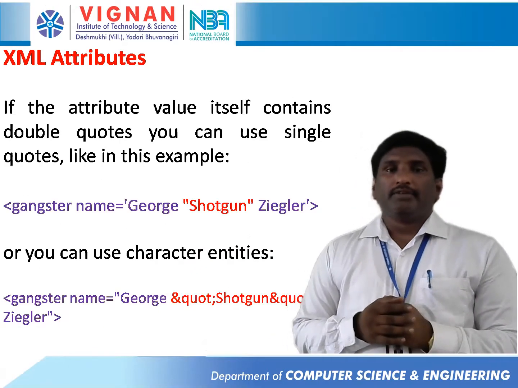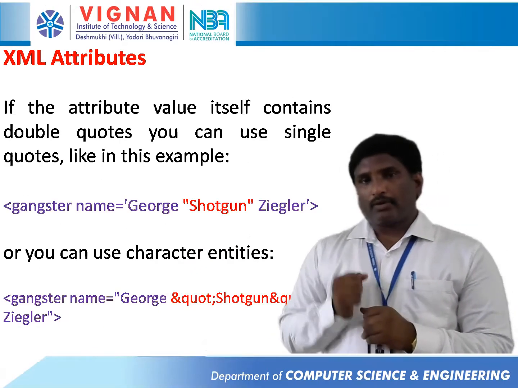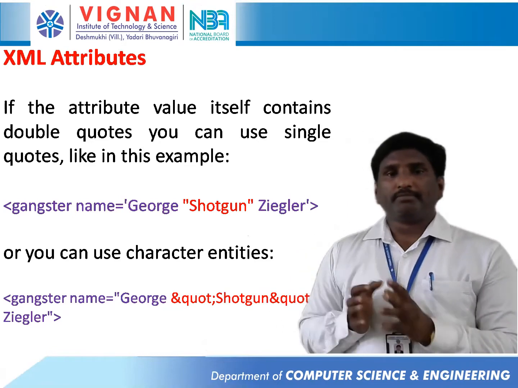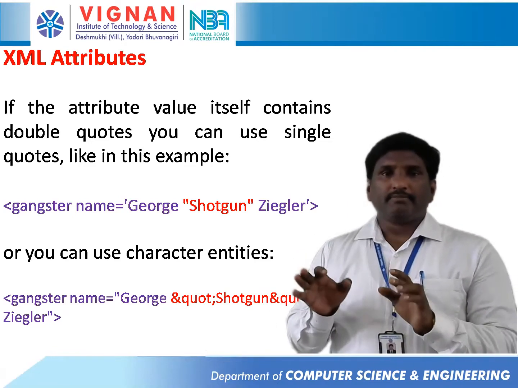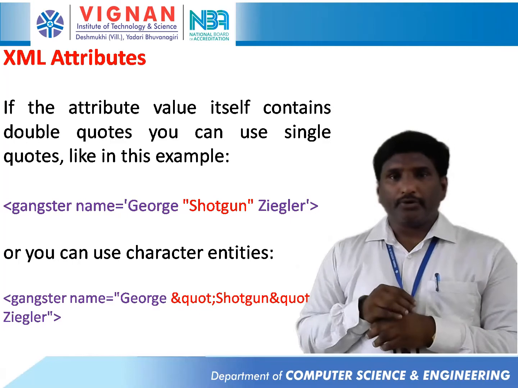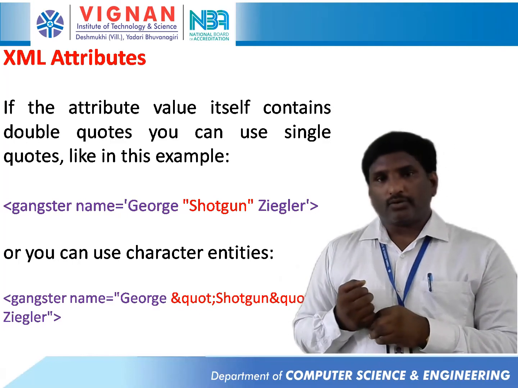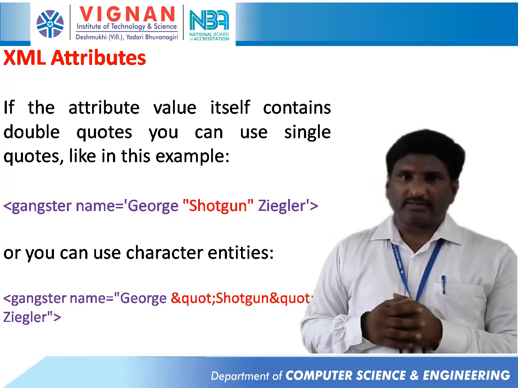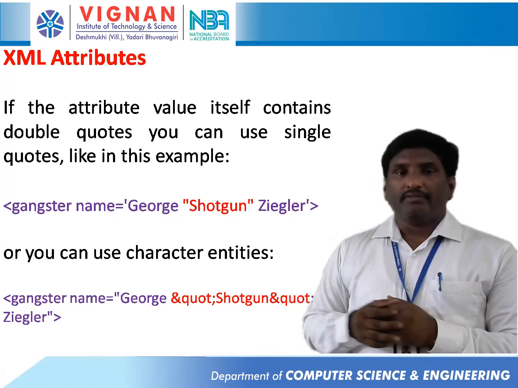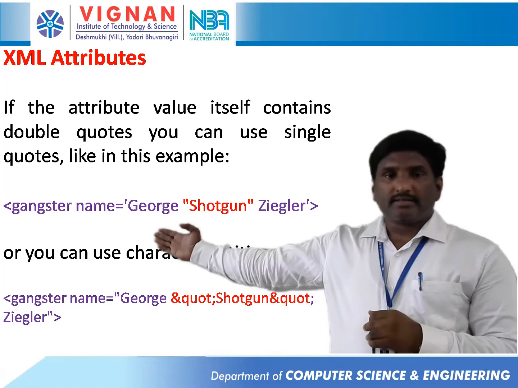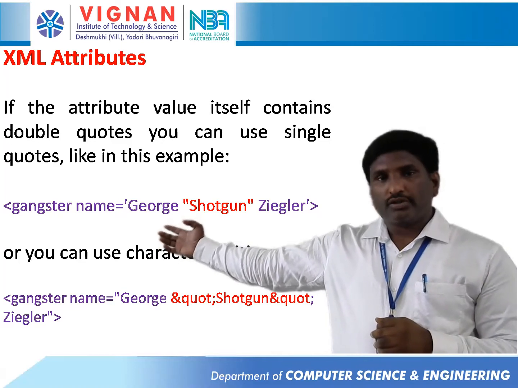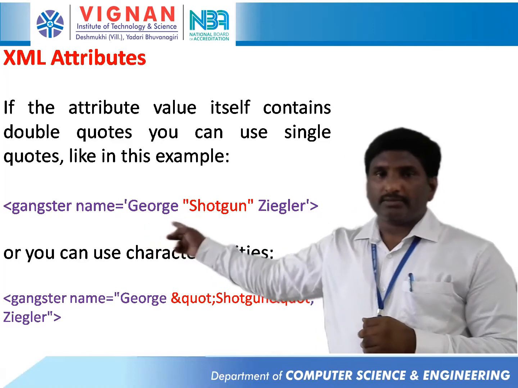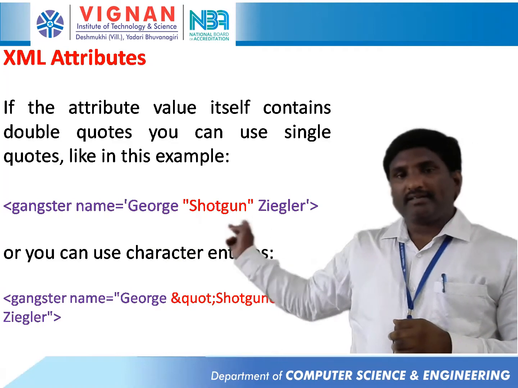And if the attribute value itself contains double quotes, in that scenario, instead of writing quotes, we can go for entity references. For example, here the name value is George with quotes inside, but it is not valid.